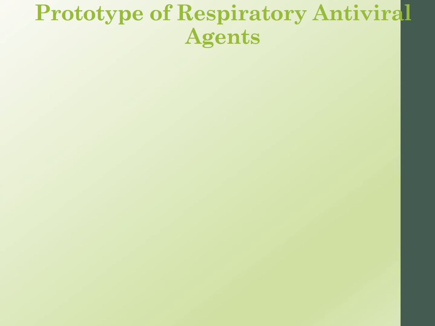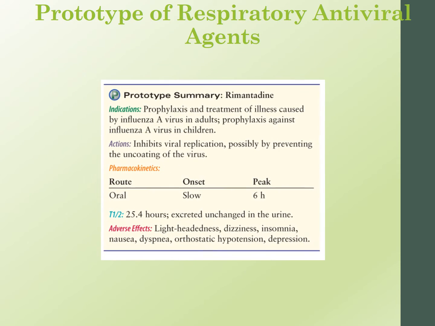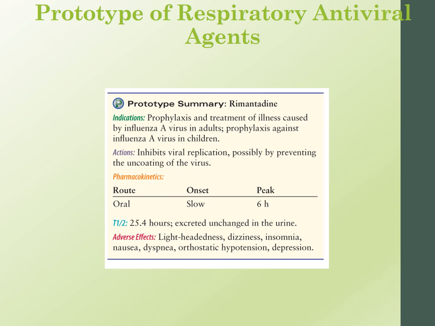In your textbook, you also have the prototype listed of your respiratory antiviral agents, and that is rimantadine, which is for prophylaxis and treatment of illness caused by influenza A in adults and in children as an oral medication. You can see adverse effects include things like lightheadedness, dizziness, insomnia, nausea, dyspnea, so shortness of breath, orthostatic hypotension, which is where we stand our patient up and their blood pressure falls when they stand or when they change positions, and depression.